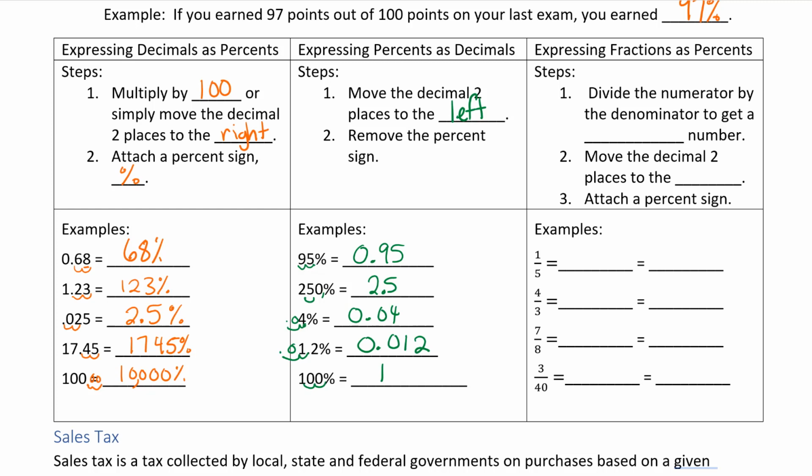Our next type of problem is expressing fractions as percents. So first thing you're going to do is take the numerator and divide the numerator by the denominator to get a decimal number. Then you're going to do the same thing that we did on the first example. Move the decimal over 2 places to the right, and then attach the percent sign.